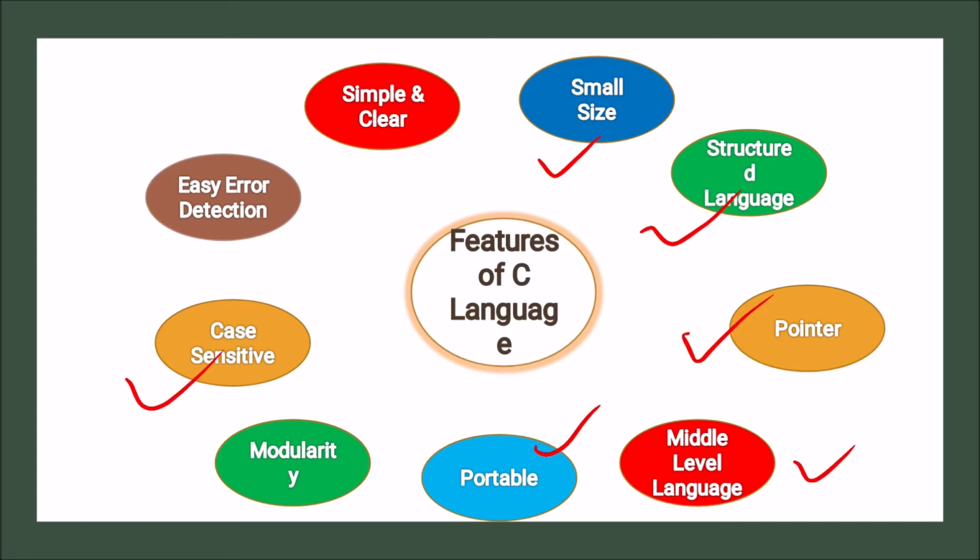It is case sensitive, which means capital and small letters are detected here. Plus easy error detection is provided by C language, and it is simple and clear. So these are the features, or we can say the advantages, of using C language.